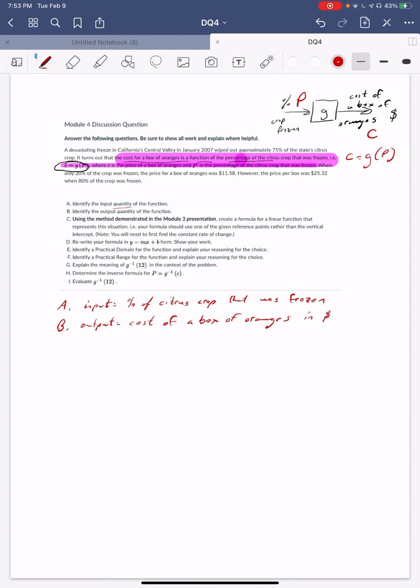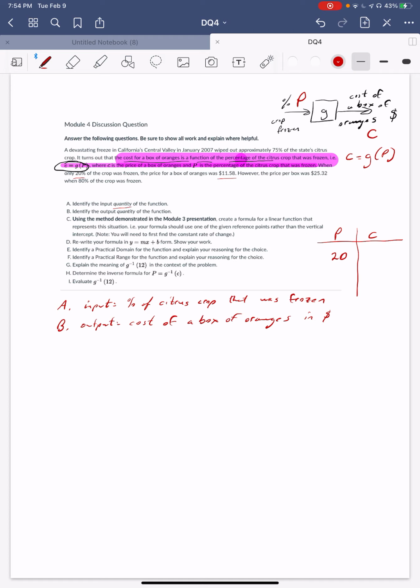Now, from here, we could make a table. It's really handy oftentimes to have a table of our data. So P is my input, C is my output. The very next sentence gives us some information about particular inputs and outputs. We know 20% of the crop was frozen and the price was $11.58. So I can put the 20 here.